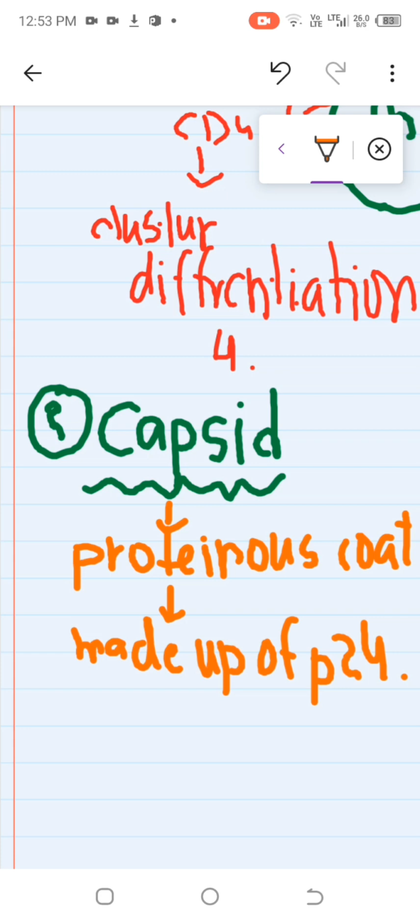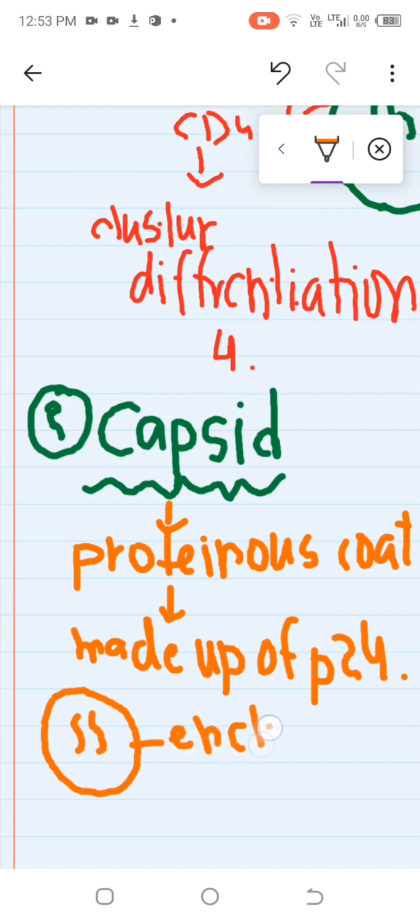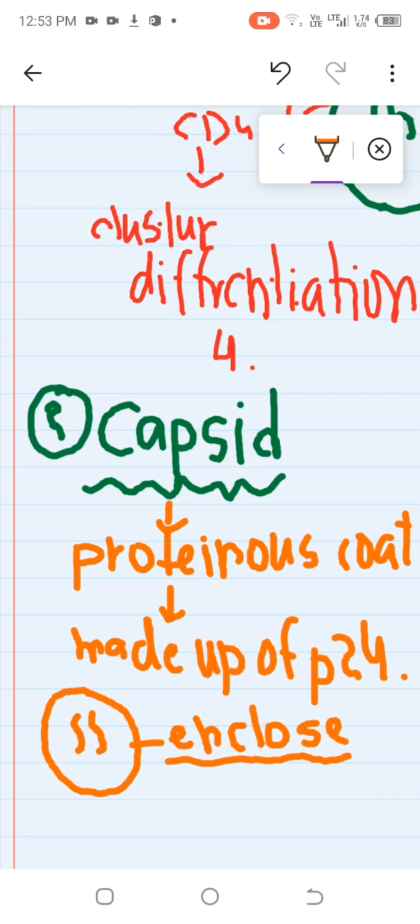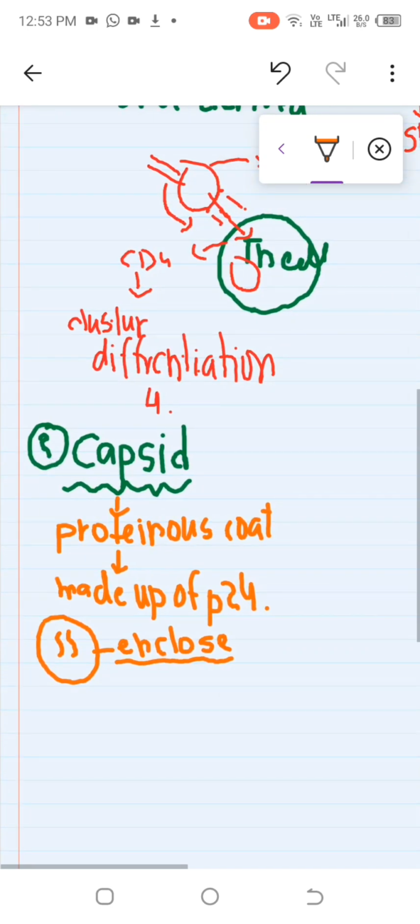So this encloses and protects the genome of HIV. These two identical strands of RNA are not complementary or opposite.